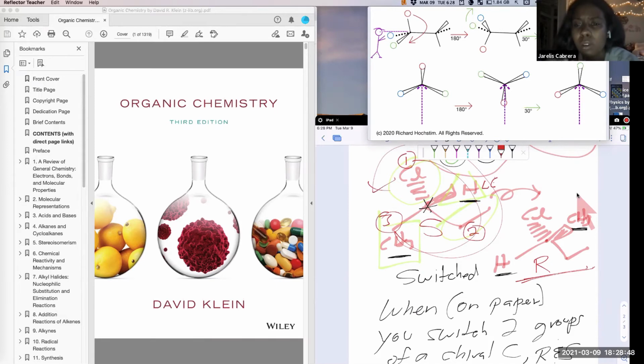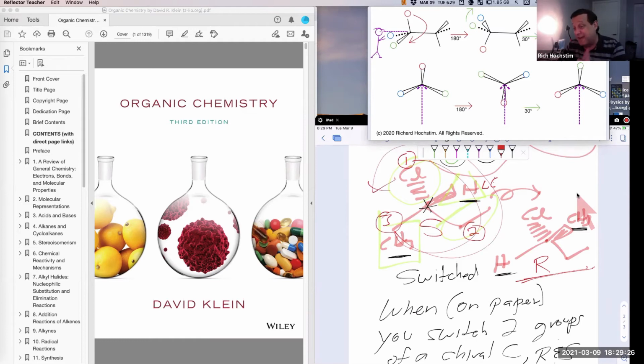Can you do one that starts R and then goes to S? I could, but it's really not where I'm going. I'm afraid to tell you that that's not relevant. I'm showing you that there's a skill here. It doesn't matter if you go from R to S or S to R. The point is that when you switch two groups, R and S switch.